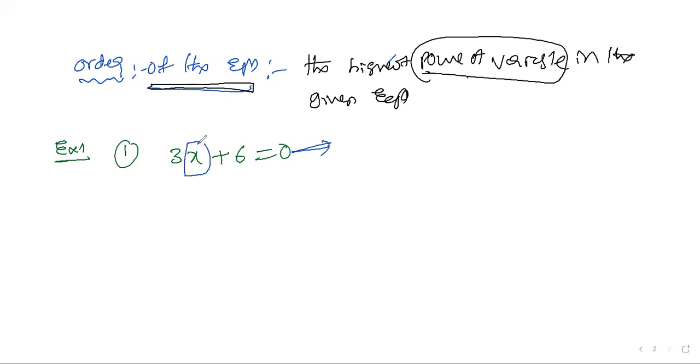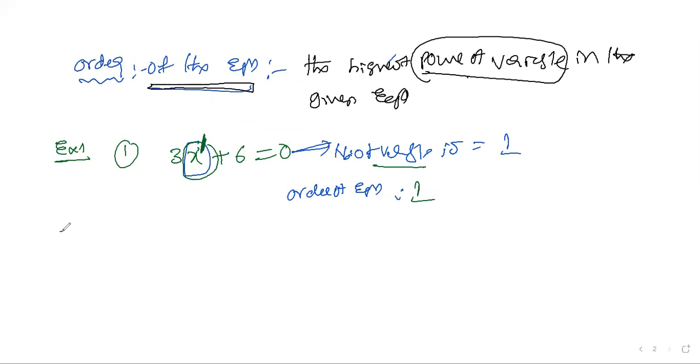Only one variable, that is x, so the number of variables is 1. Next, the order of the equation. The variable is x. What's the power of x? If nothing is written, you can take it as 1. So the order of the equation is 1.